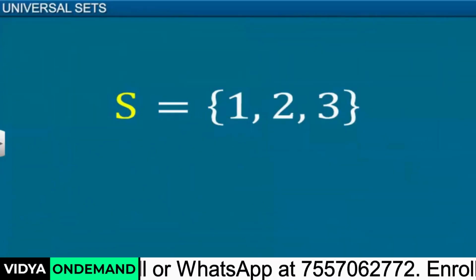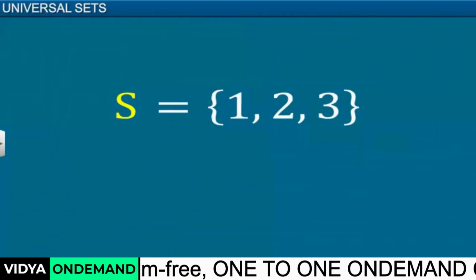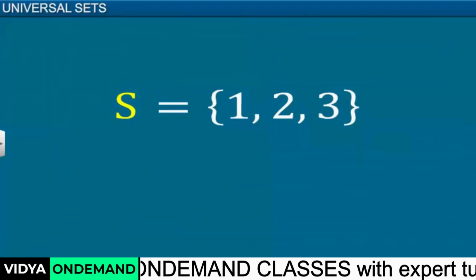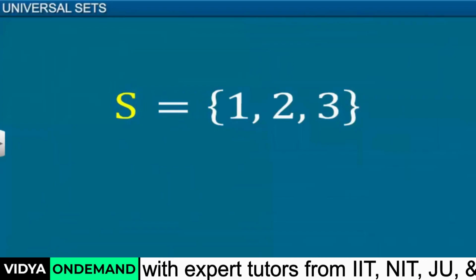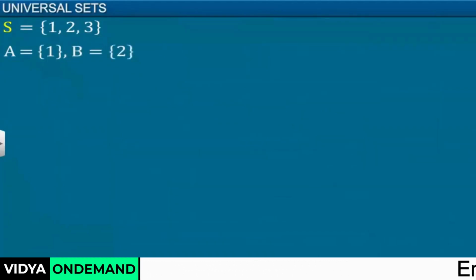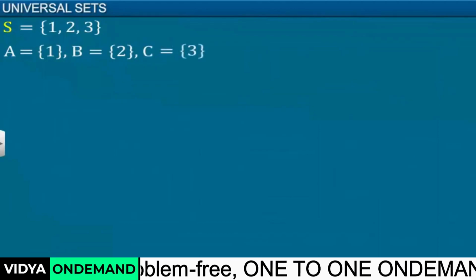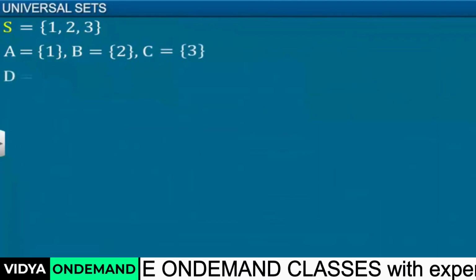We have a set of elements as shown. Let's form new sets with a combination of the elements in this set, taking one element at a time. We have these sets. Taking two elements at a time, we have these sets.